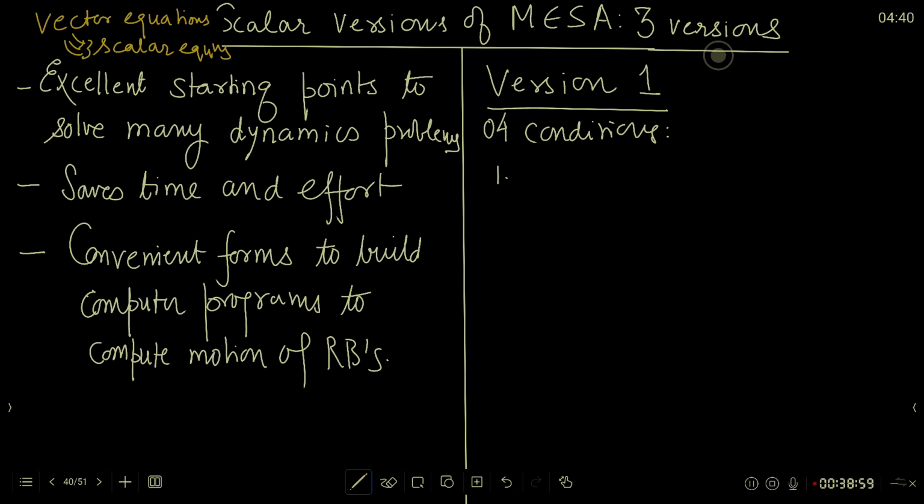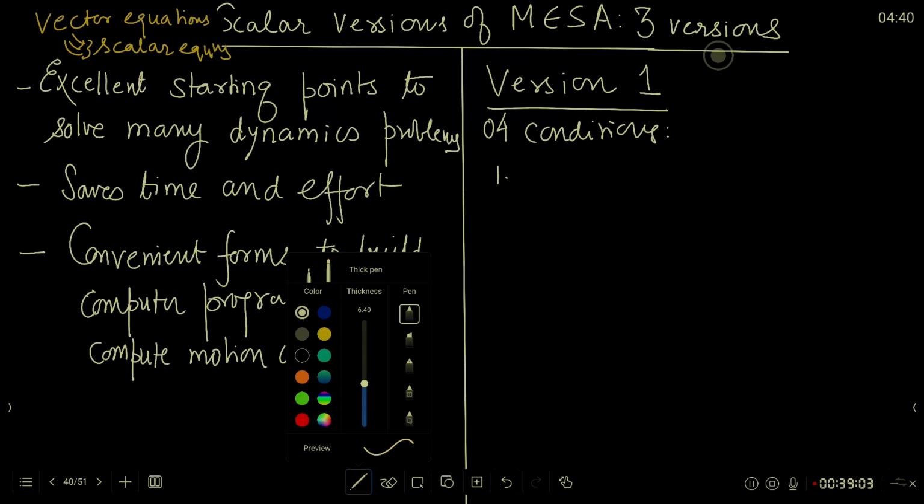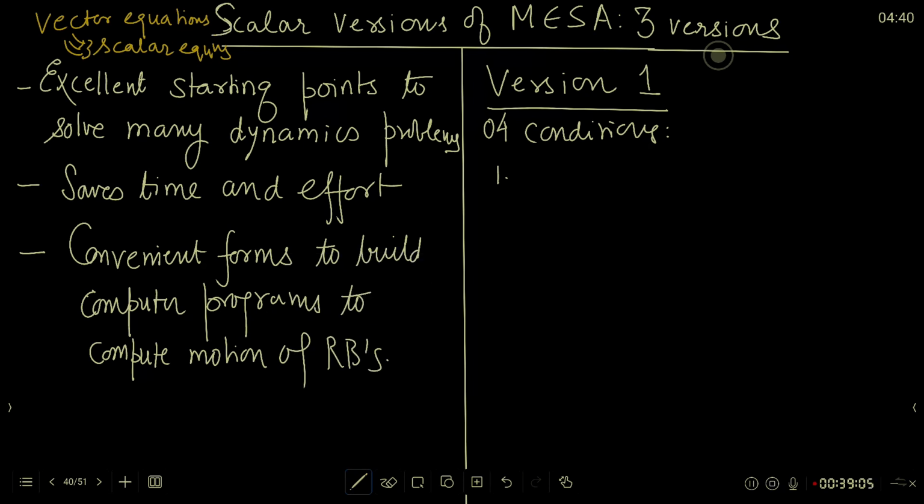So what I am going to do next is derive three different versions of the scalar equations that come out from modified Euler's second axiom. Why do I do this? Why don't I just start solving problems right away now that we have learned those three things?